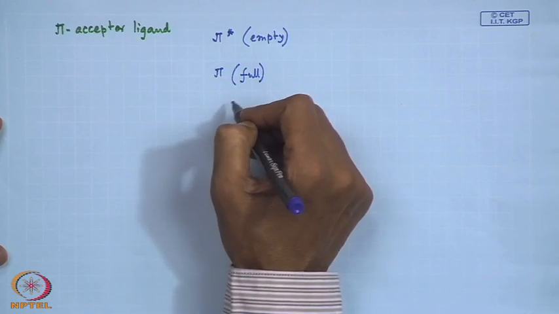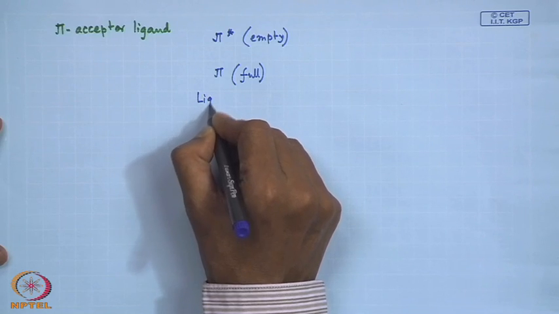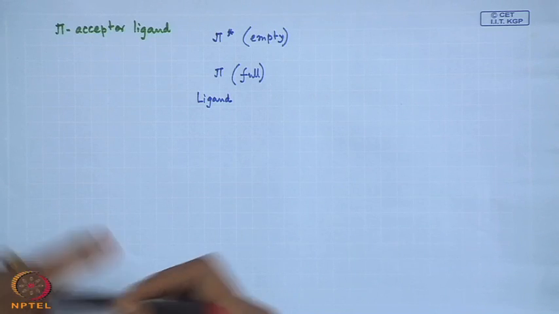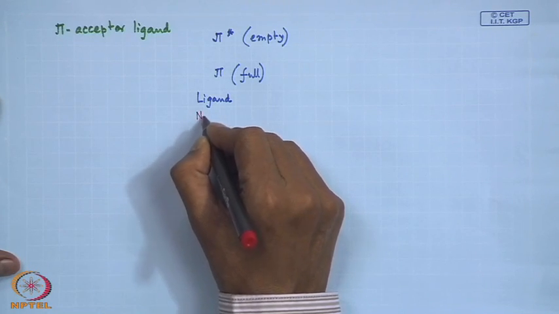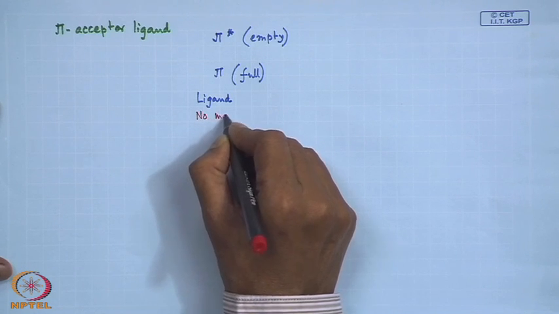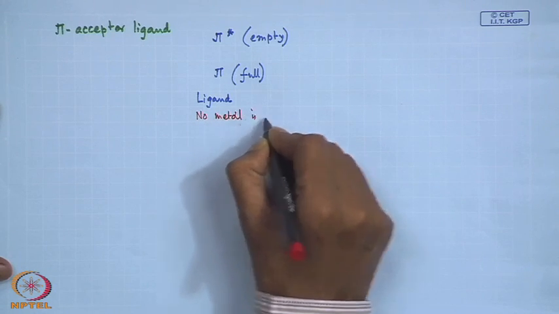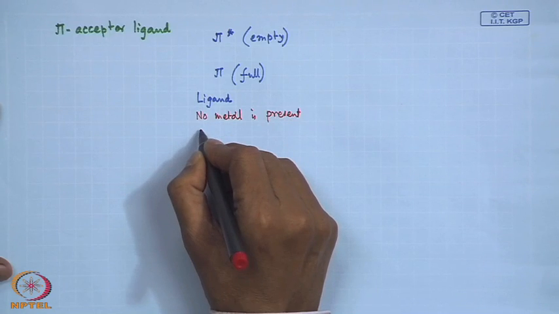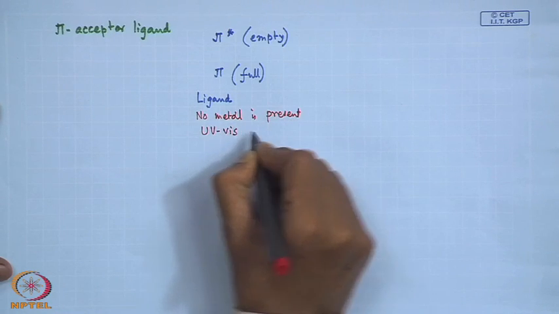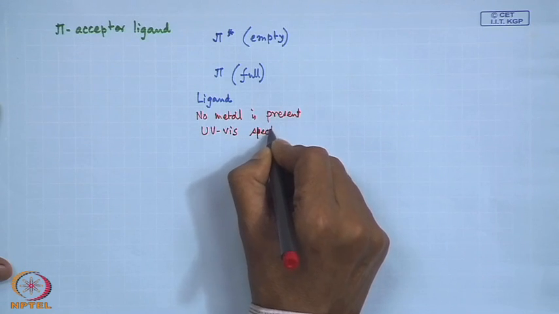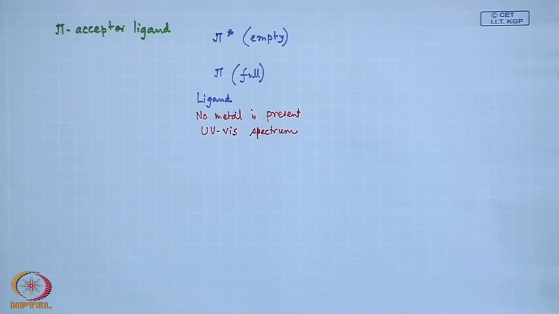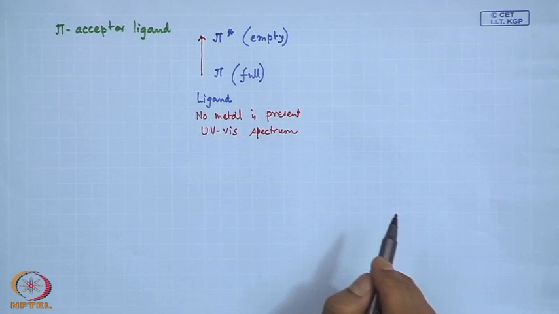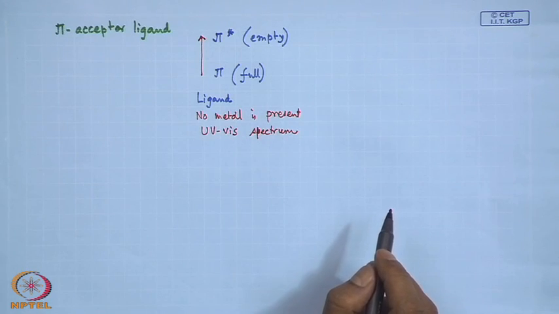So, in the typical molecular system of the ligand, within that particular ligand system when no metal is present, that means no complex has been formed, we see in the UV visible range of the spectrum one transition which can be a pi to pi star transition.